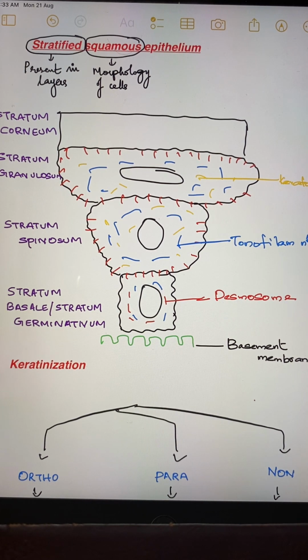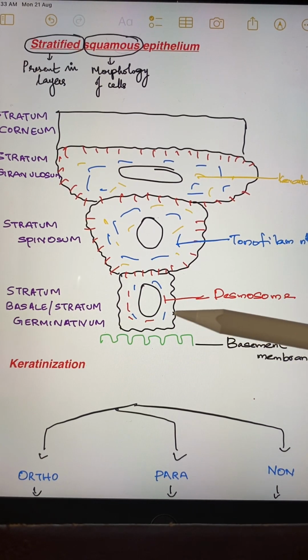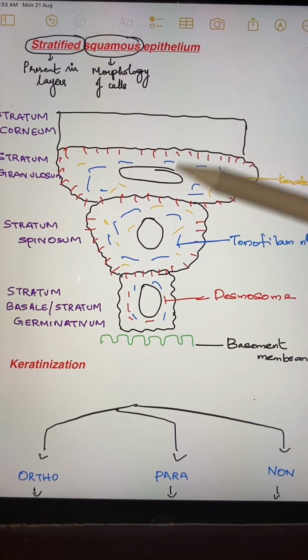These cells undergo a process of maturation. The cells produced by mitotic division in the basal layer migrate to the surface where they are shed off and replaced by the maturing cell population.